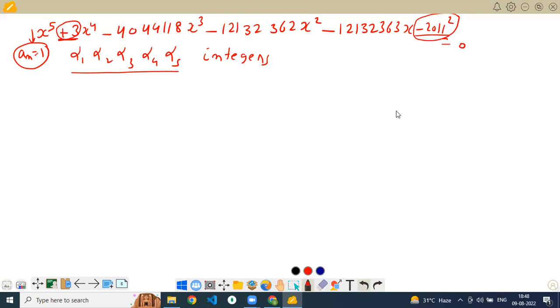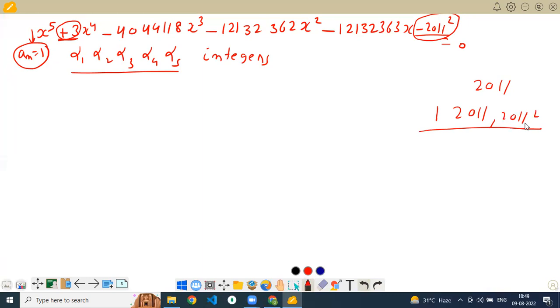And also you know that the roots will be only the divisor of this number. So what is 2011? 2011 is, I think, a prime number, right? Yes, sir. The factors of 2011 will be 1, 2011, and 2011 square. Nothing else. That's all.